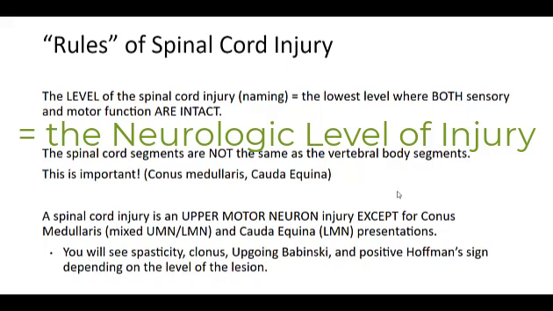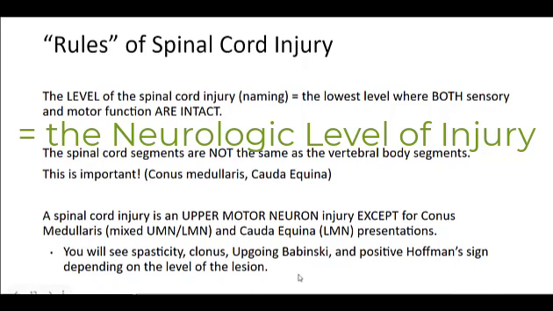So if somebody is a C7, that means that the C7 nerve root is intact and they have both sensory and motor function there. And again, the spinal cord segments are not the same as the vertebral body segments. That's going to be an important part, and we're going to pay close attention when we get to the conus medullaris and cauda equina and what that presentation is going to look like.